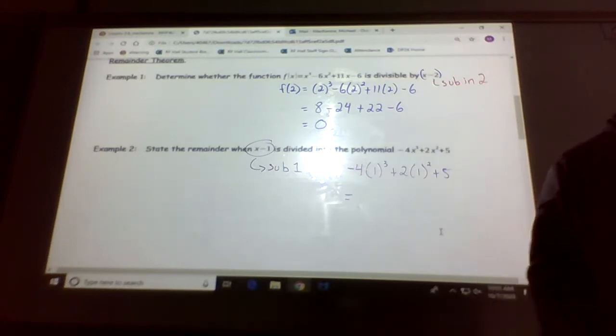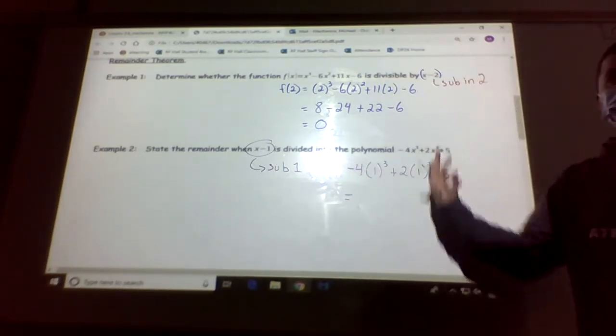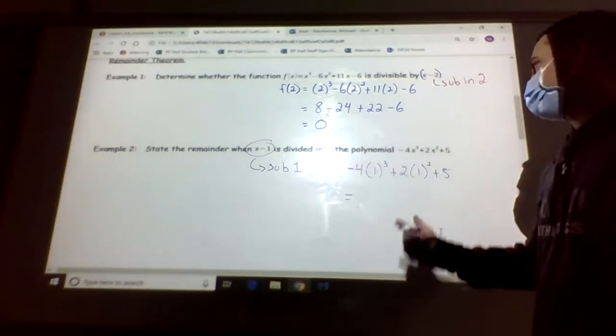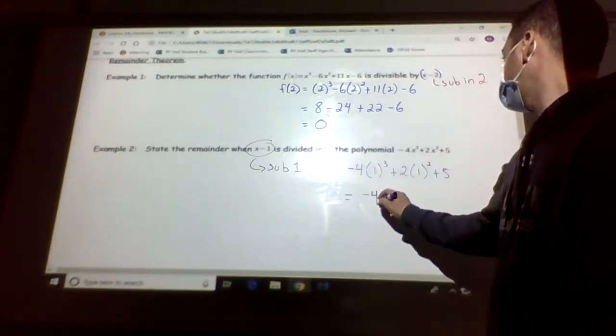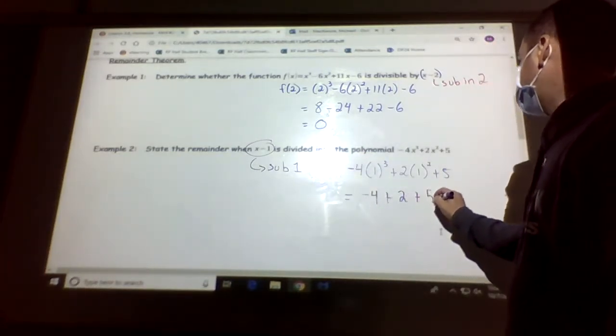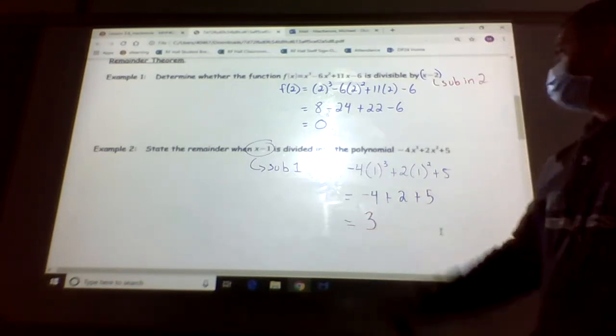So it's the remainder theorem, right? You plug the number in and give us the remainder, whether it's 0 or a number. So we have negative 4 here, positive 2, positive 5, answer of 3.